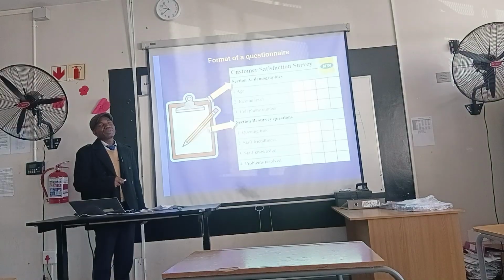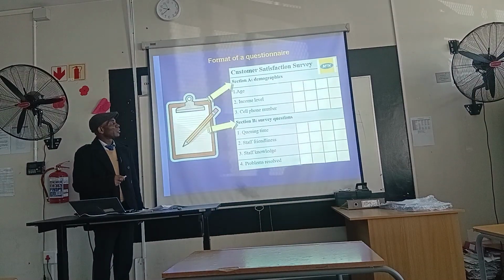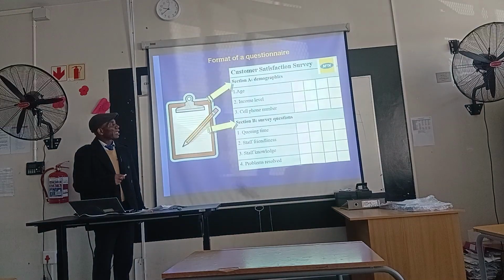This is a typical example of a questionnaire where you have section A, the demographic data, right? If you like, you can call it personal information, right? Age, income, level, cell phone number.